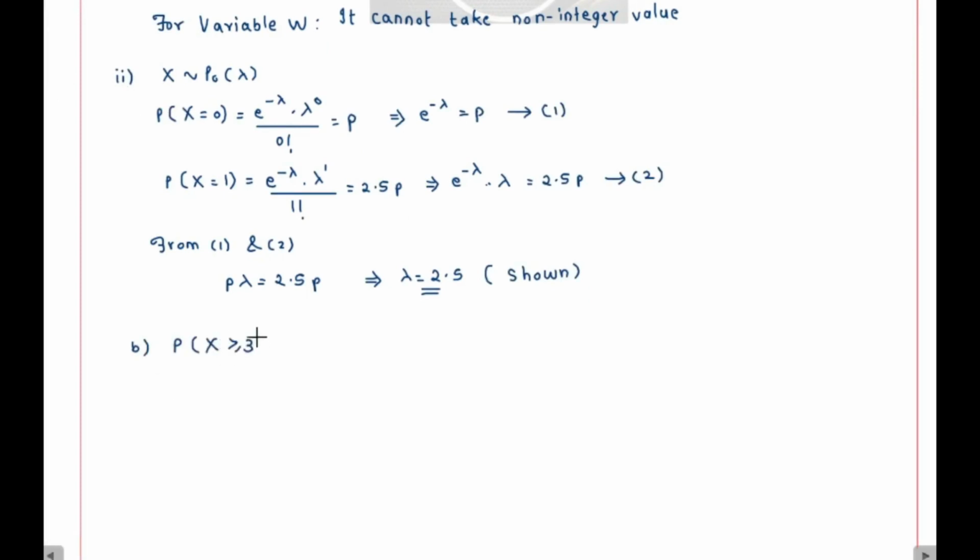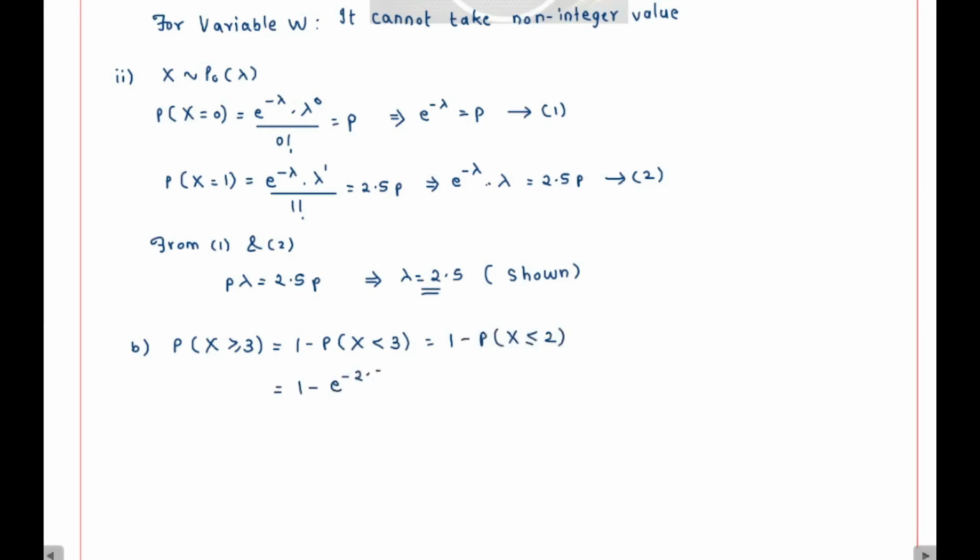We have already studied in earlier videos that probability of X greater than or equal to 3 will be 1 minus probability of X less than 3, which in turn is nothing but 1 minus probability of X less than or equal to 2, correct? So can I say this is nothing but 1 minus E raised to minus lambda.